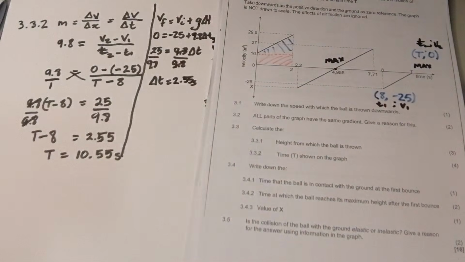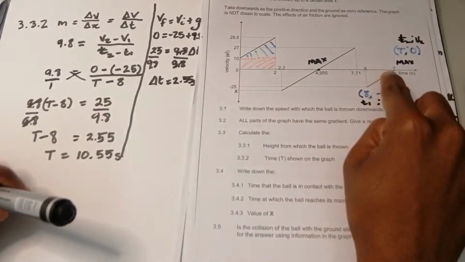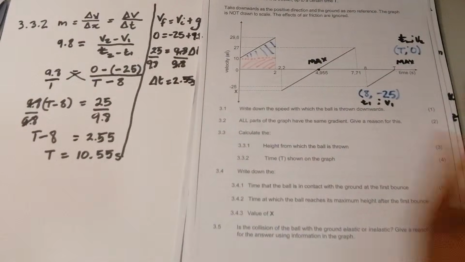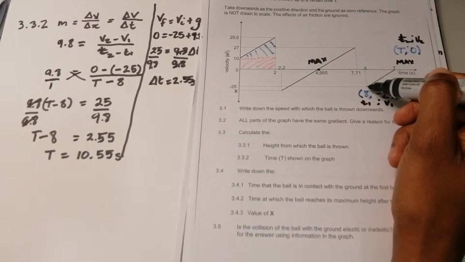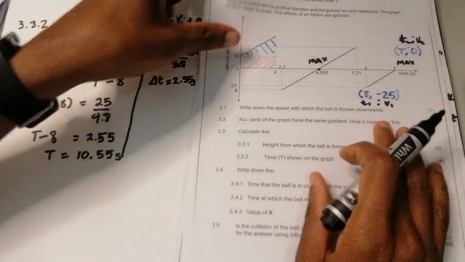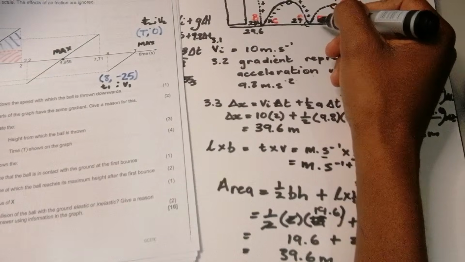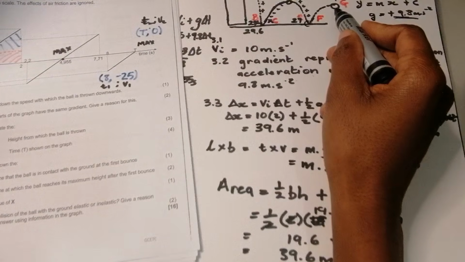Now, many people would actually just leave that answer there. But remember, we want the value of t in relation to this graph here. We don't want to know this time here. 2.55 would be the time that it took the ball to move from this point where it left the ground. If you remember our picture, when it left the ground at F, and it reached maximum height at G, right?